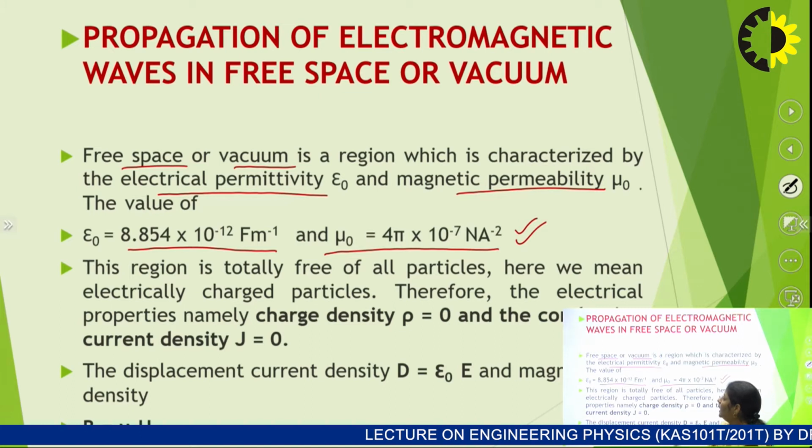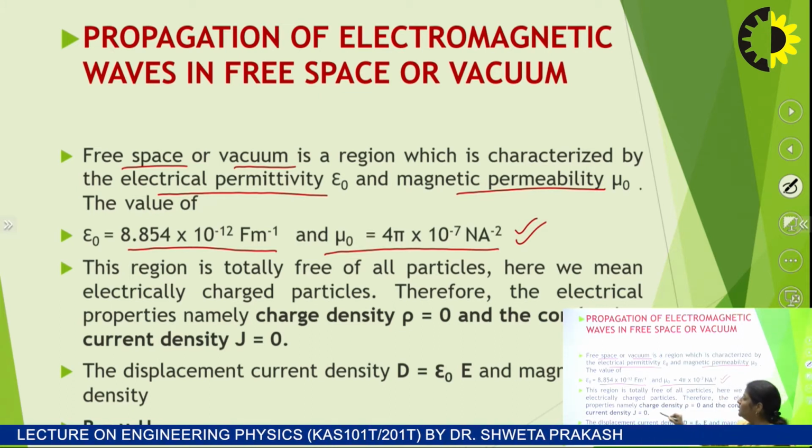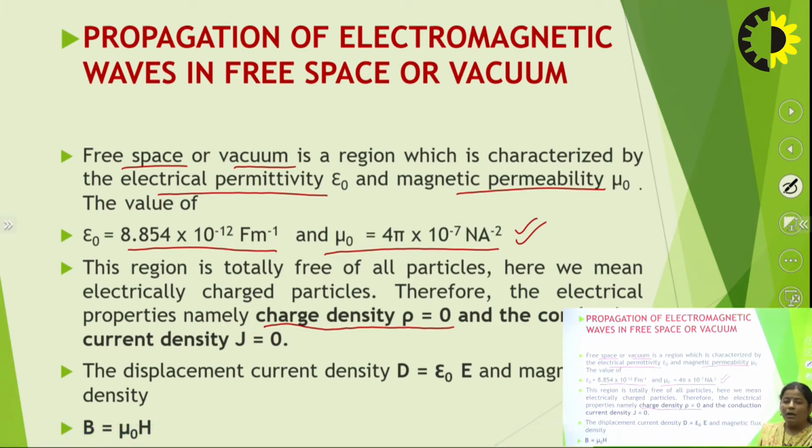All right. In this topic, we have some new parameters for the free space, namely the charge density rho, charge per unit volume. Charge density rho equals 0. And the other parameter is the conduction current density J, that is current per unit area, equals 0.